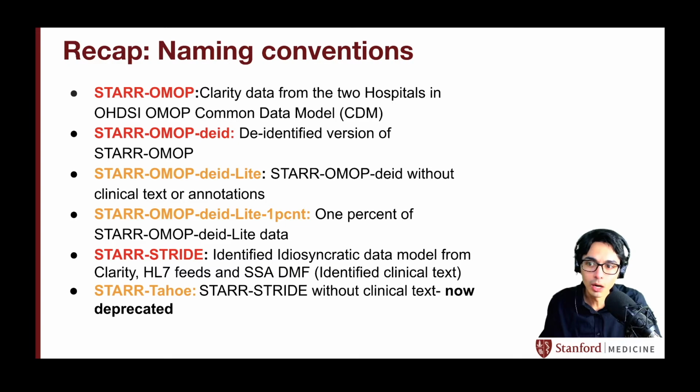Second, we have STAR OMOP DID. It's still a high-risk data set because it may contain incidental PHI. Incidental PHI, in brief terms, means that even if we have a system that removes 99.99% of all patient information, there is still a very minor risk that patient information leaks through.